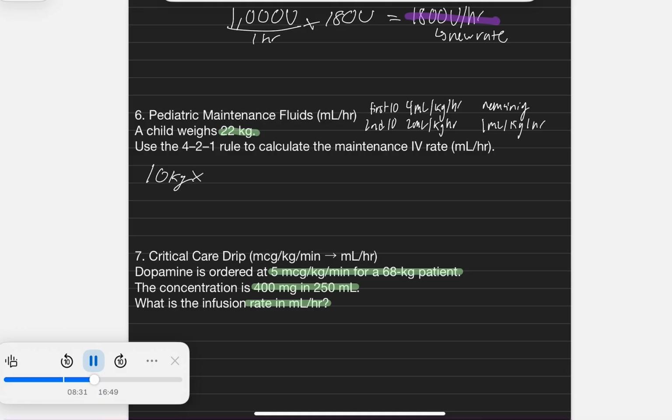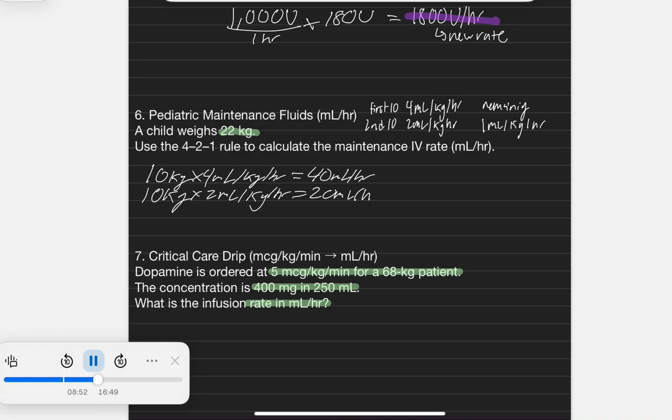After we do that, those next 10 kilograms that this patient has, we're going to multiply that 10 kg by 2 ml per kg per hour, leaving us with 20 ml per hour. And then for those remaining 2 kilograms, we're going to do 2 kg times 1 ml per kg per hour.